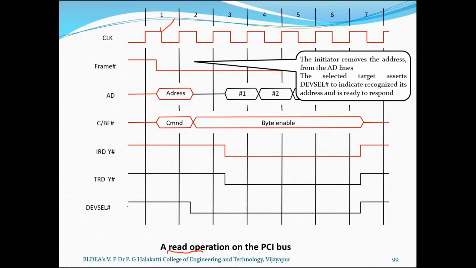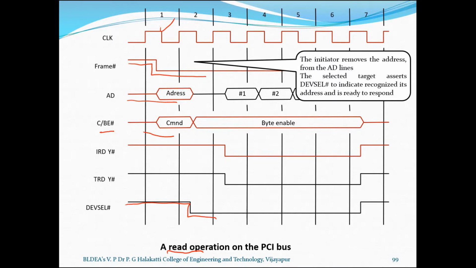You can see here at this point it is indicated by making it low, and here we have seen that FRAME# and the AD address will be put in the first clock cycle.